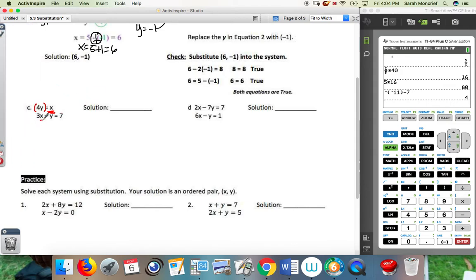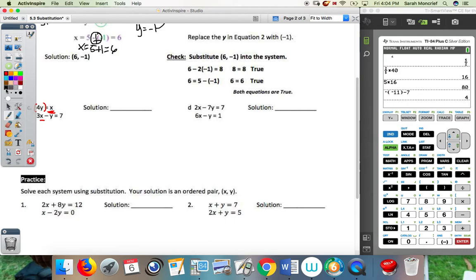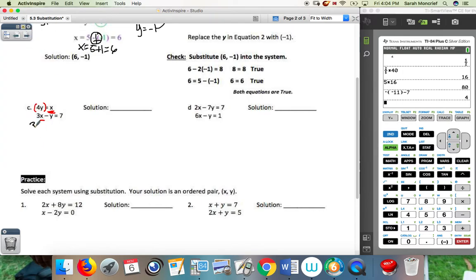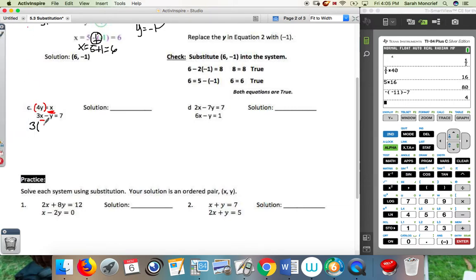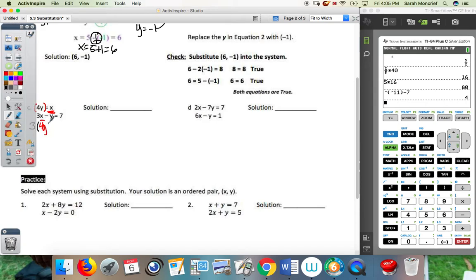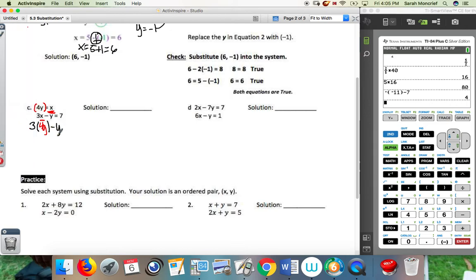I see 1x right here. So we can do 3 times, what did I say we can plug in for x again, everybody? 4y minus y is equal to 7.